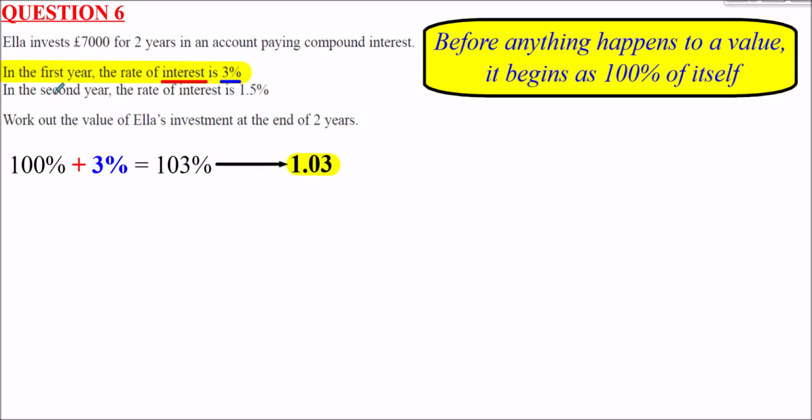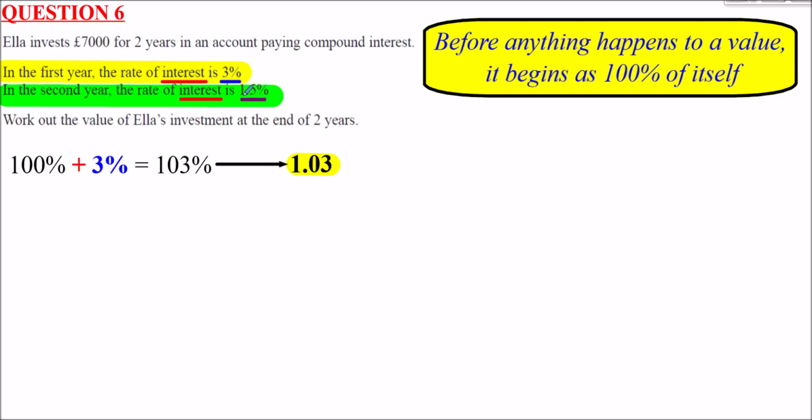In the same way, we consider the same thing for the second year, where the rate of interest goes to 1.5%. So again, it's going to be an increase because it's interest, but this time the percentage increase is 1.5. So at the start of the second year, we're going to start with 100% of its value at the beginning.